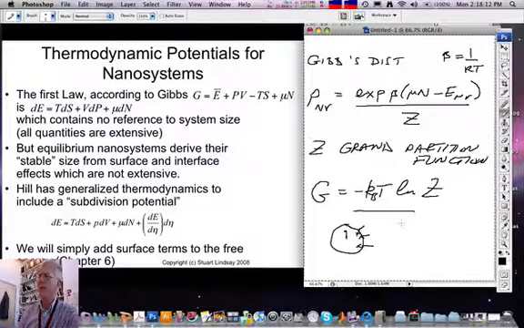This means that the absolute size of a system plays a role in nanothermodynamics that is not the case for extensive variables in genuine thermodynamics or macroscopic thermodynamics.